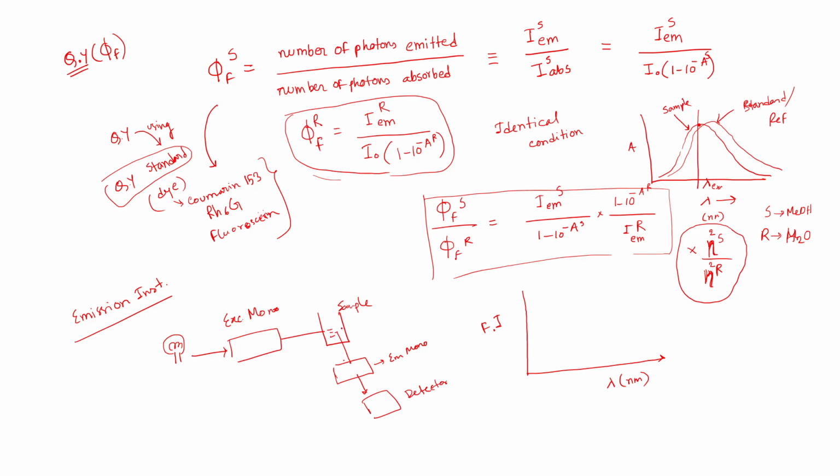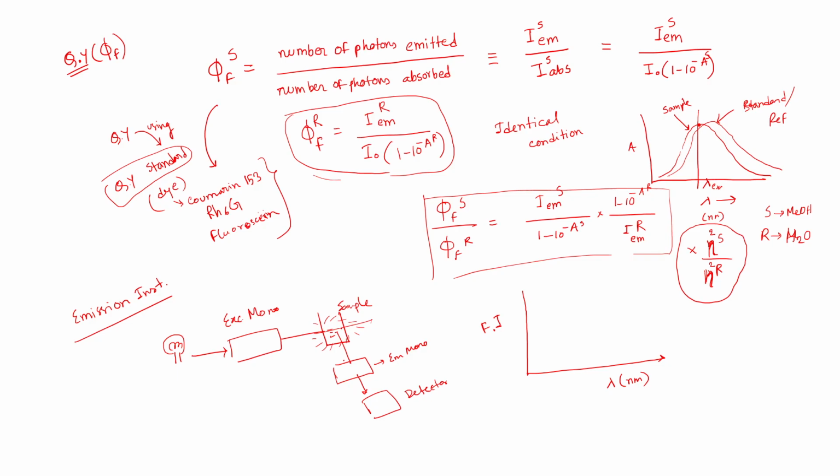Because we want to avoid this upcoming incident light. The incident light will go here, and your fluorescence is going in all directions. It is directionless, right? One part of which is collected from this 90-degree measurement.